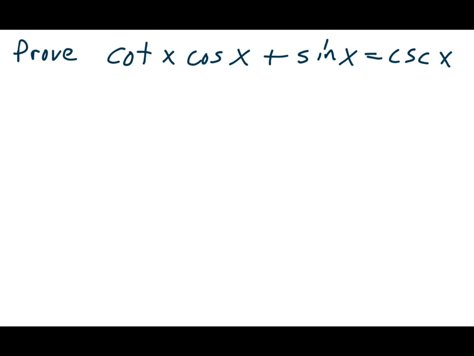Okay, so let's change around what we know. We're trying to get it to equal this, so I'm going to change everything on the left hand side. First, I'm going to change cotan using the quotient identity. Cotan is cosine of x over sine of x.